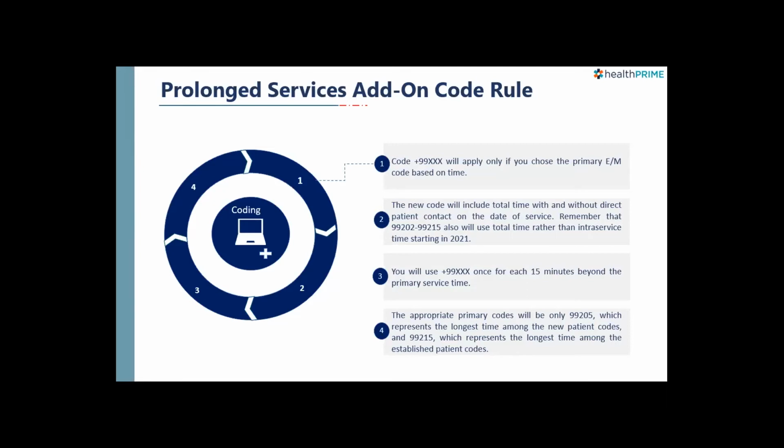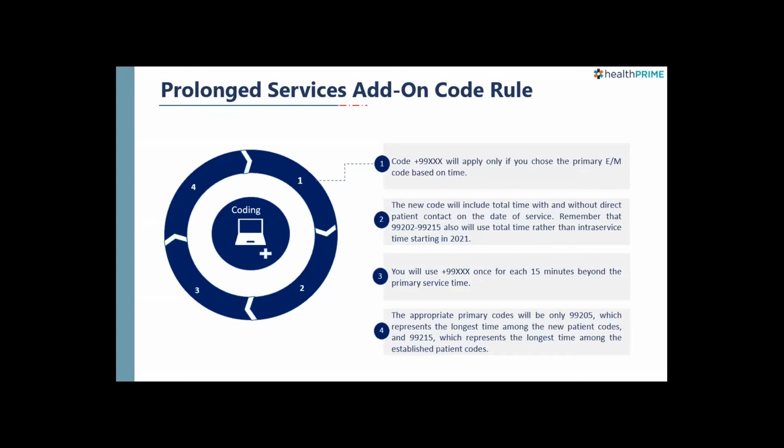Second, the new code will include total time with and without direct patient contact on the date of service. Remember that 99202 and 99215 also will use total time rather than intra-service time starting in 2021. In 2020, the code description clearly says that it counts only the face-to-face time spent with the patient. But that changes for 2021.